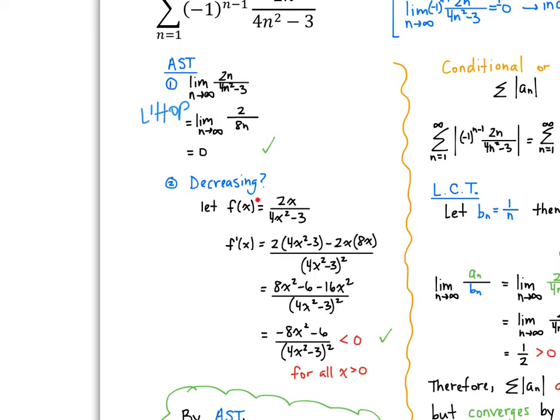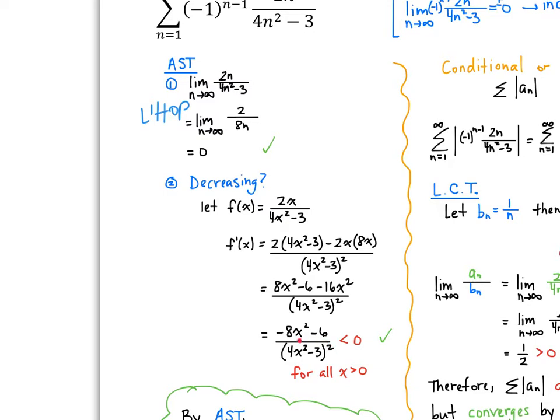Now we have to show that it's decreasing. So there's a few ways we can show this, but since there's multiple n's going on here, it's going to be easy to let this a sub n be represented as a function. So f of x equals 2x over 4x squared minus 3, and now we find the derivative. So don't forget that quotient rule. Low d high minus high d low, all over low low, okay? And as we work through it, we're going to end up with our first derivative being negative 8x squared minus 6, all over (4x squared minus 3) squared.